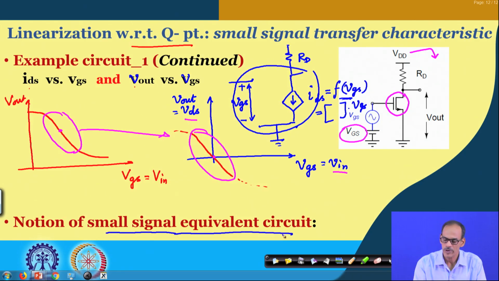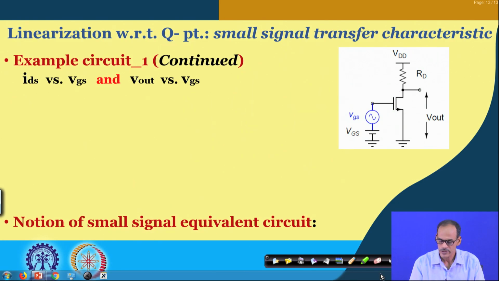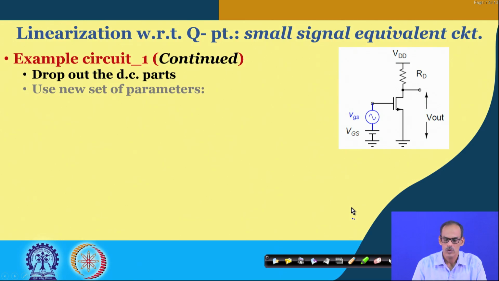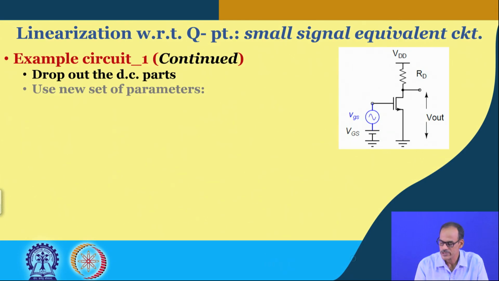Whatever the total circuit is, it is referred to as the small signal equivalent circuit, whereas this circuit is referred to as the small signal model of the transistor. So, our next discussion is the small signal equivalent circuit and small signal model of the transistor. Whenever you are talking about linearization, it is basically going towards that. So, let me take a short break, and then we will come back to discuss further the small signal equivalent circuit.